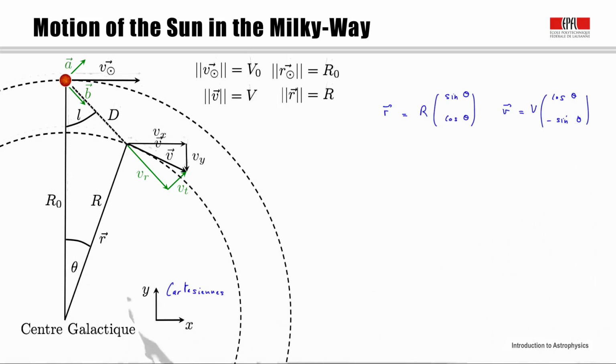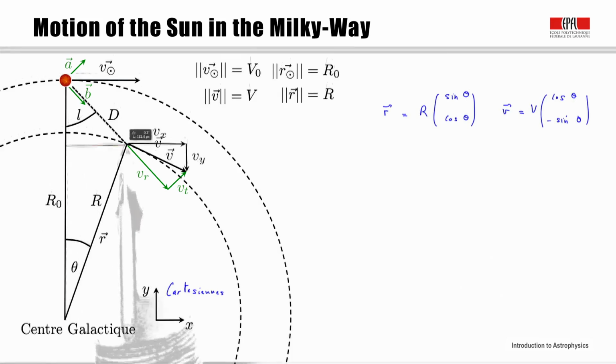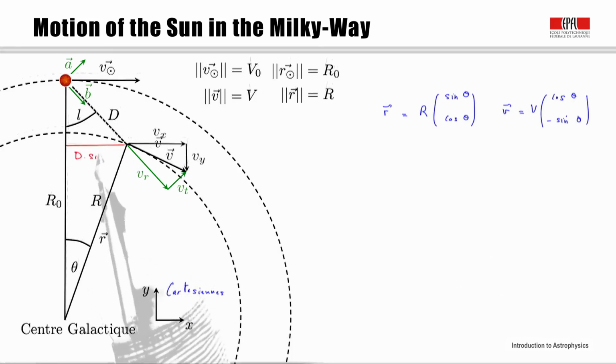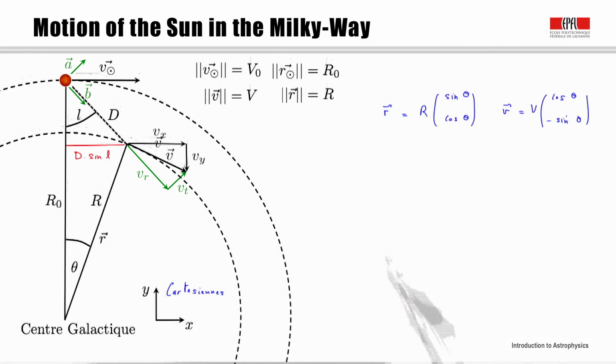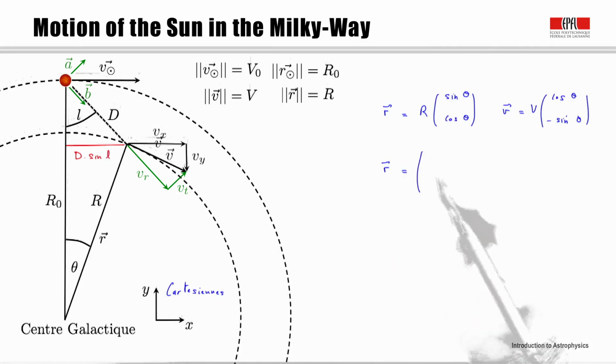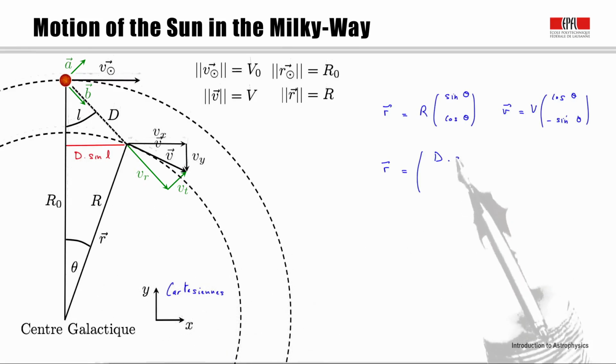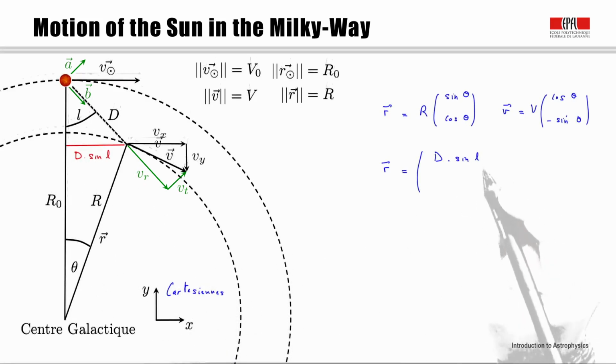This angle is not observed. The angle that is measurable from the Earth is the angle l, the galactic longitude. One can notice that this distance is equal to d times sine l, and so r can be written for the x-axis as d sine l, and for the y-axis as the vector r in the y direction.